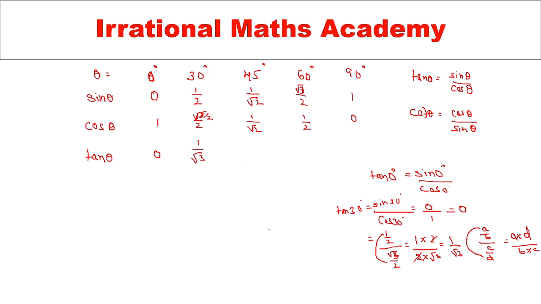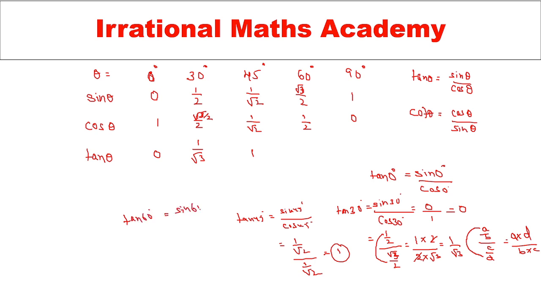Tan 45, look at here. Tan 45, what you'll get? Sin 45 by cos 45. Sin 45 is 1 by root 2. Cos 45 is 1 by root 2. So what you'll get here? Answer 1. And tan 60 degrees. Tan 60 means what?